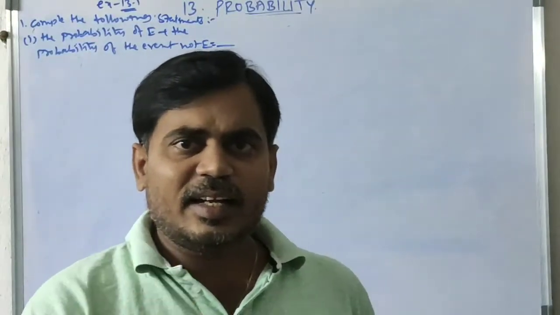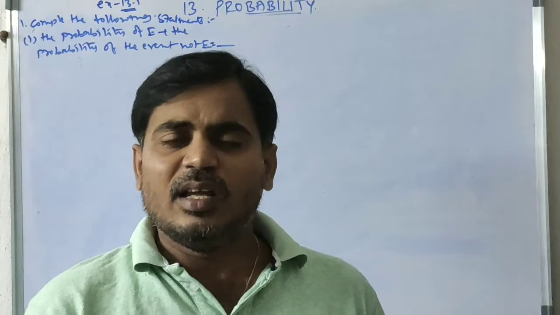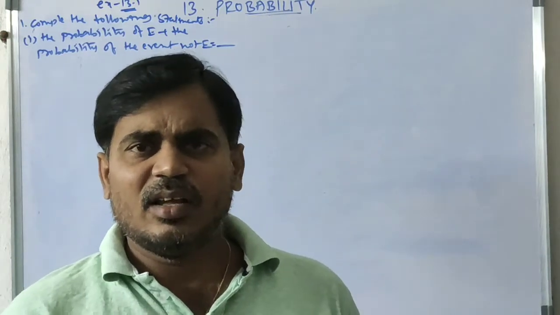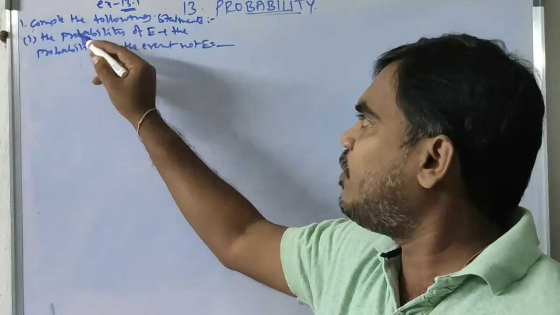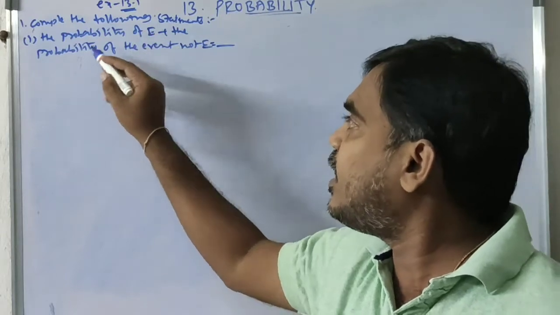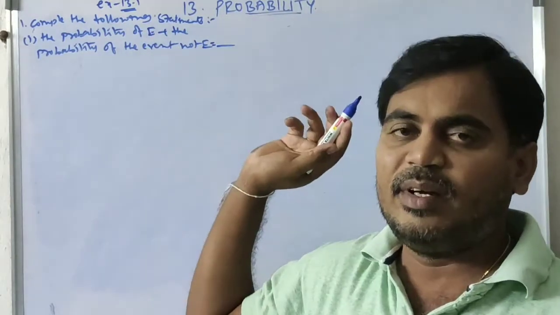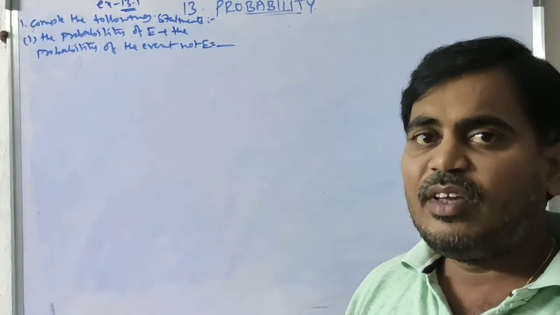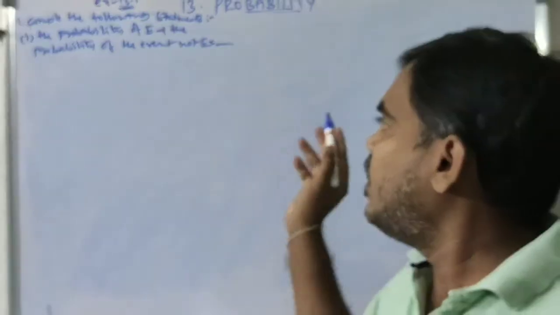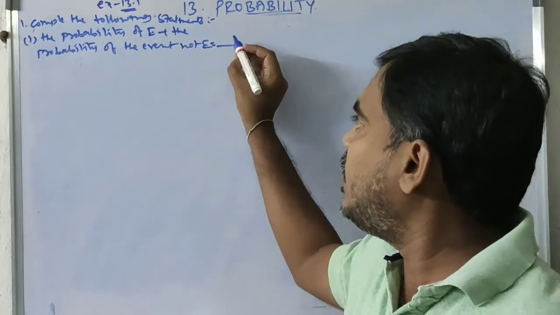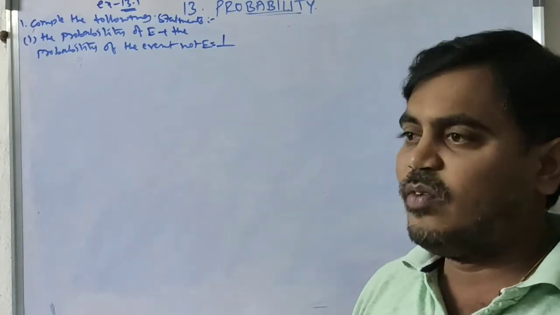The event either occurs or does not occur, so one of them must occur. This is the event of probability P of E. Not E is nothing but P of E complement. What we know: P of E complement equals 1 minus P of E. Bringing P of E outside, we will get 1.